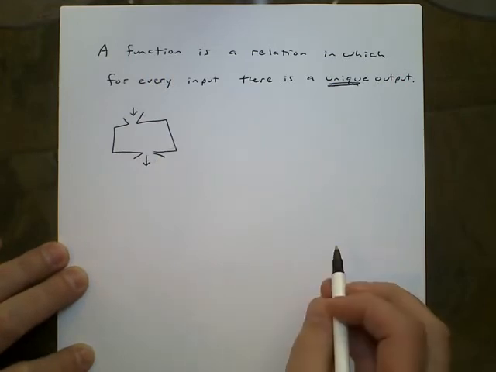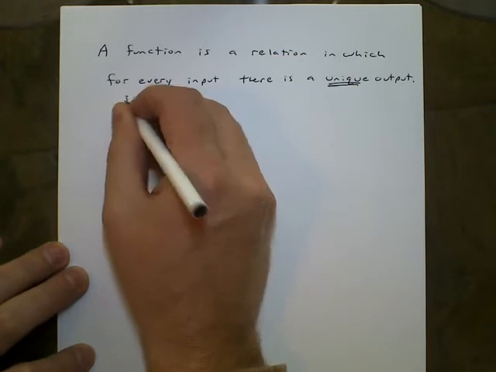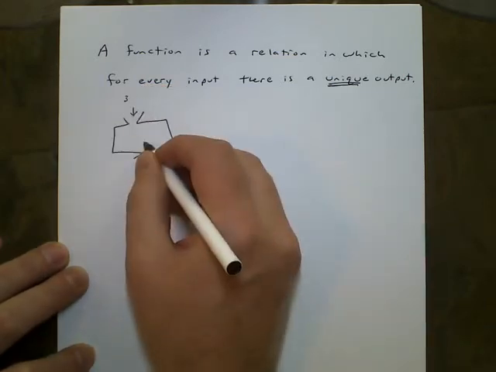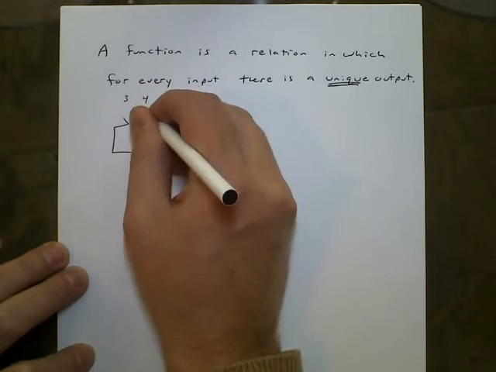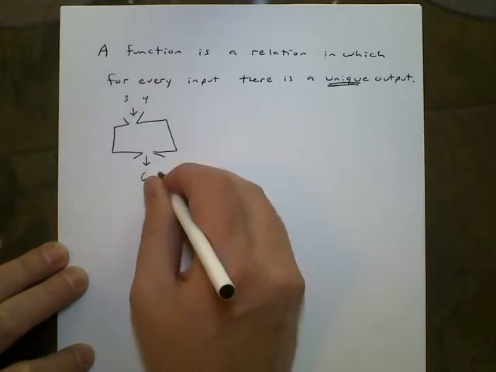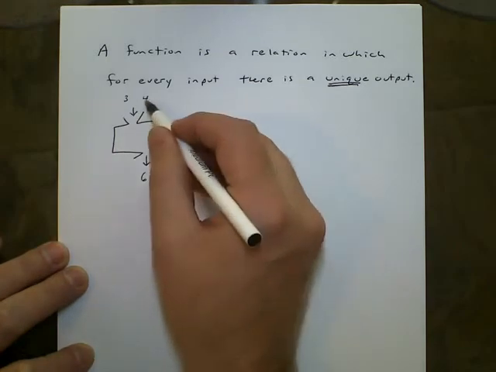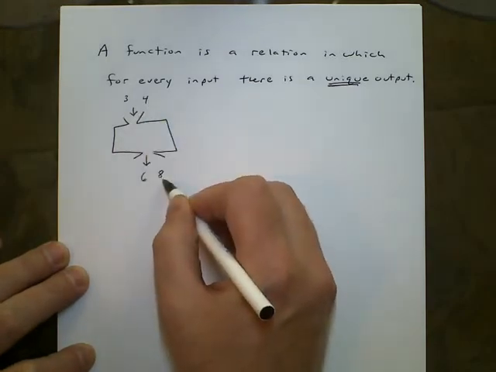So for something to actually be a function, if we take the number 3, we drop it into the function, maybe it's going to double that number, and it would then spit out 6. If we put the number 4 into the function, it's going to spit out the number 8. The idea of what makes it a function is that every time you put 4 into the function, it's always going to spit out 8.